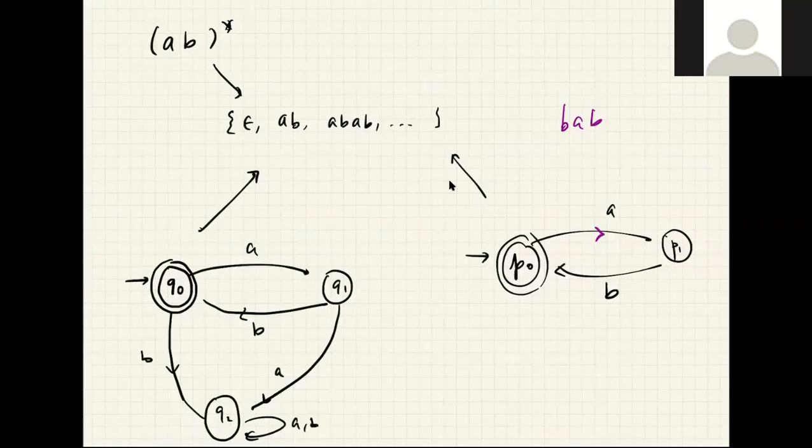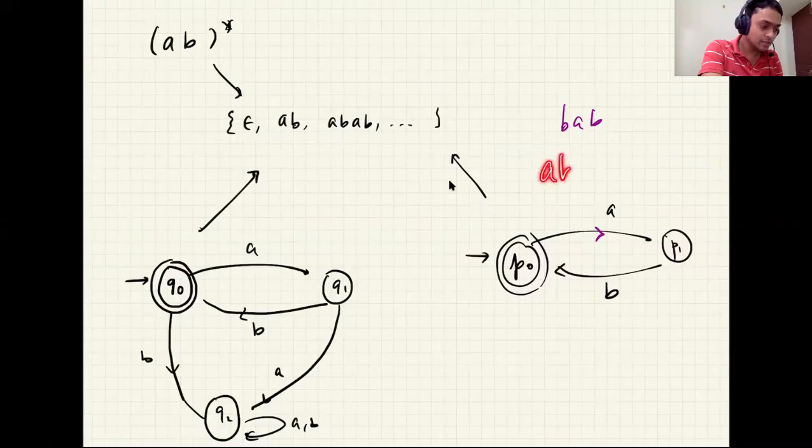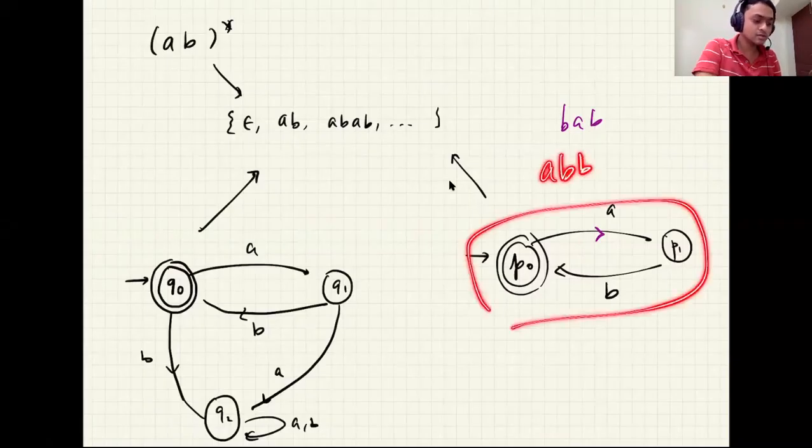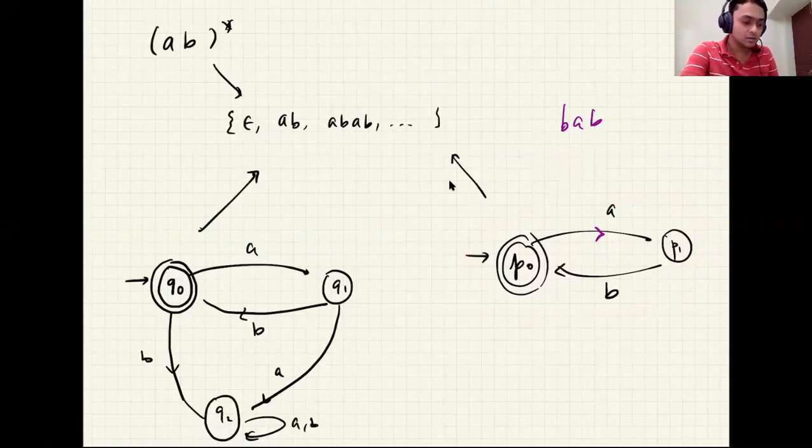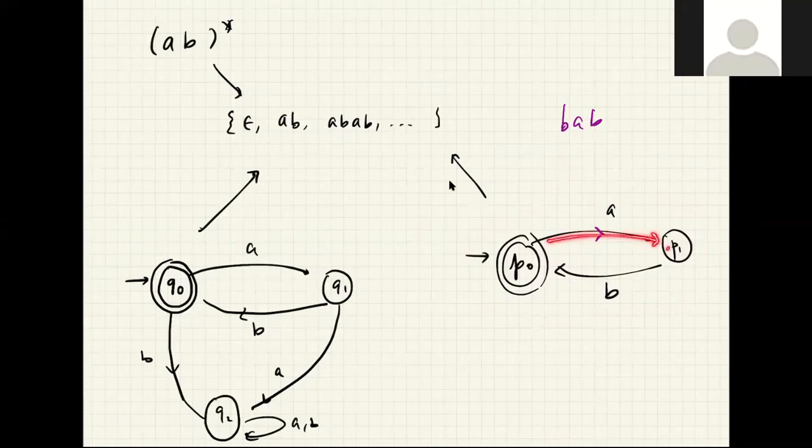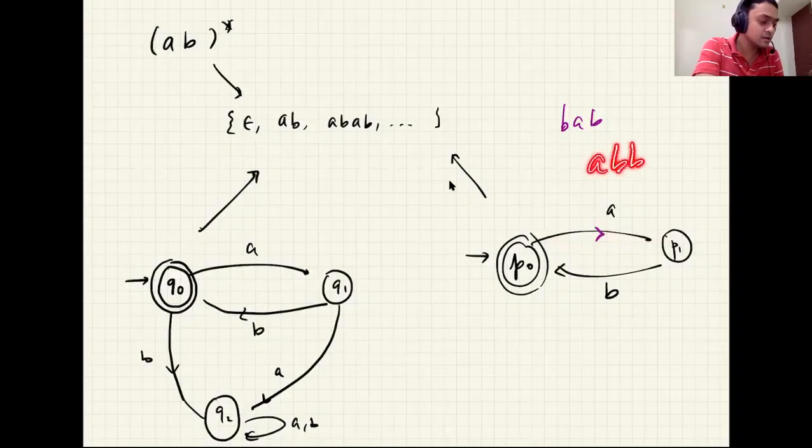So for example, ABB, isn't it rejected by this? Because you go to A and you take B, and after that, how do you do B? There is no B here.